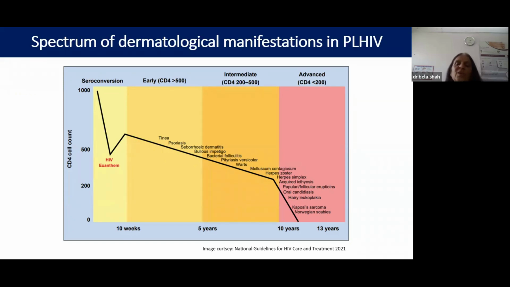When it remains for more than 1 month, it becomes an AIDS-defining illness. So it is very important to diagnose this simple-looking infection, that is herpes labialis.